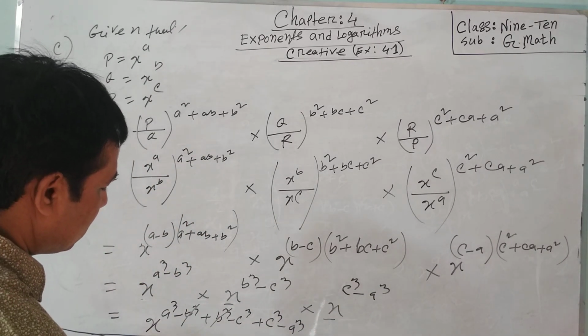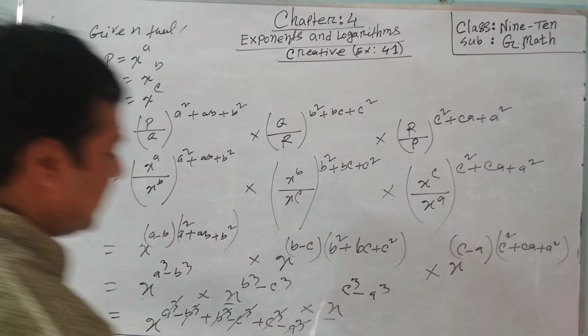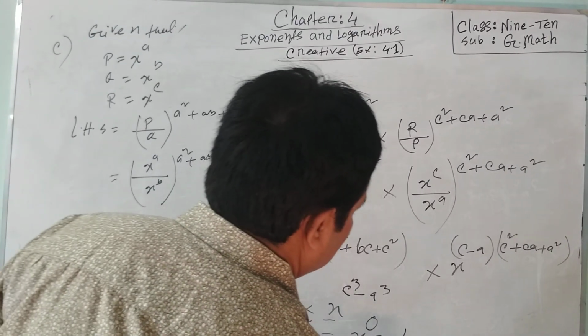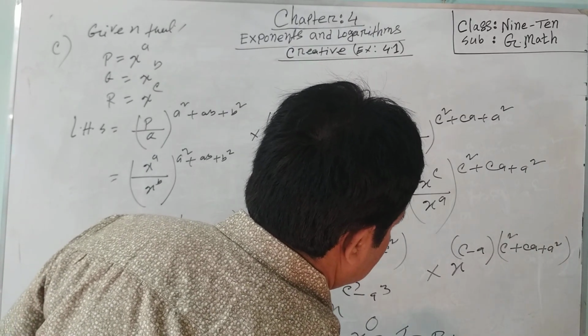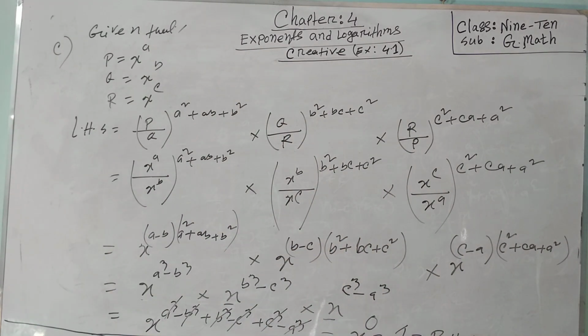Minus b cube plus b cube deletes, minus c cube plus c cube deletes, minus a cube plus a cube deletes. So x to the power 0 means 1, which equals the right hand side. This is what was required to be proved.